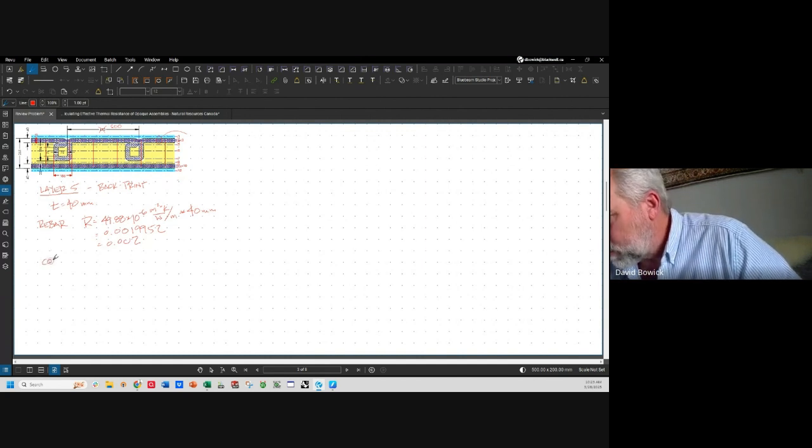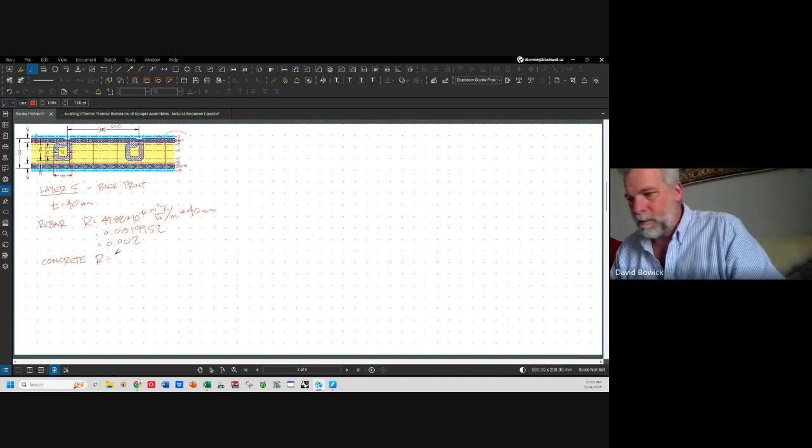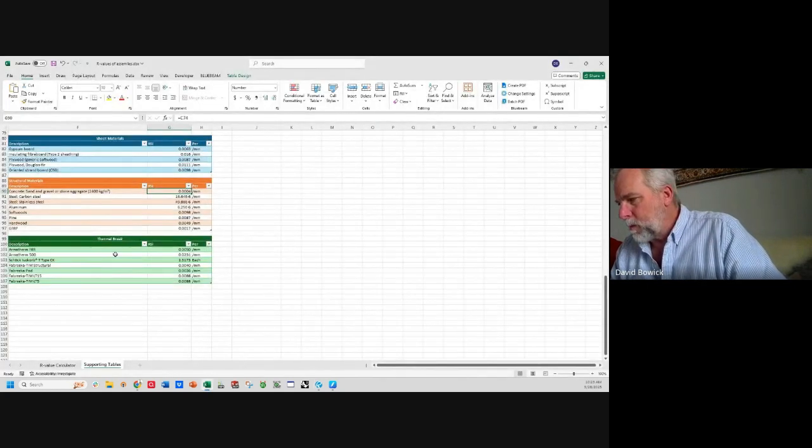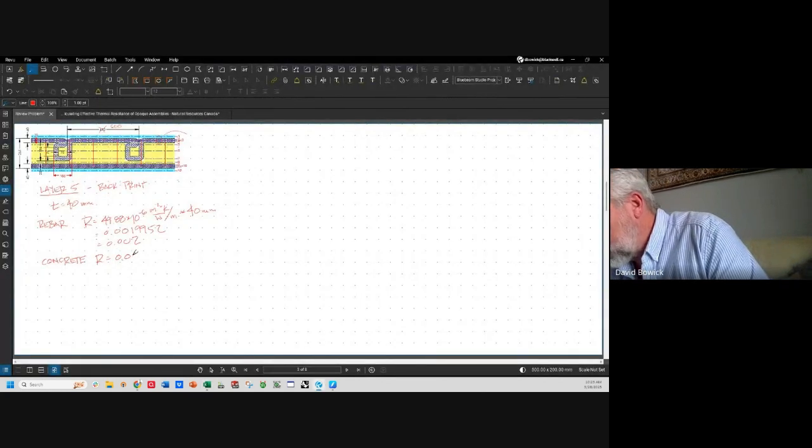Rebar, concrete. R equals, let's go back and look. Concrete, remember, 0.0004 meters squared degree Kelvin per watt per millimeter.